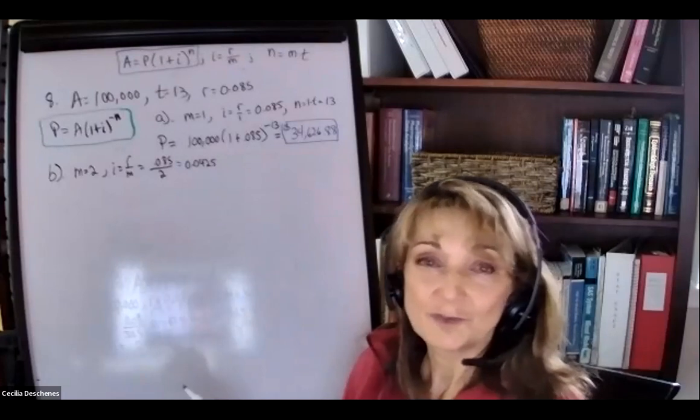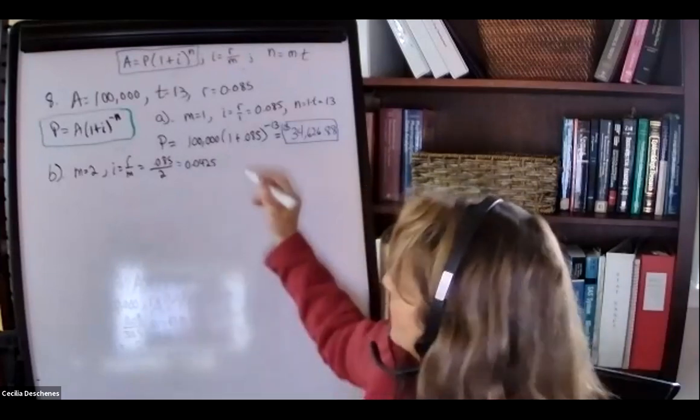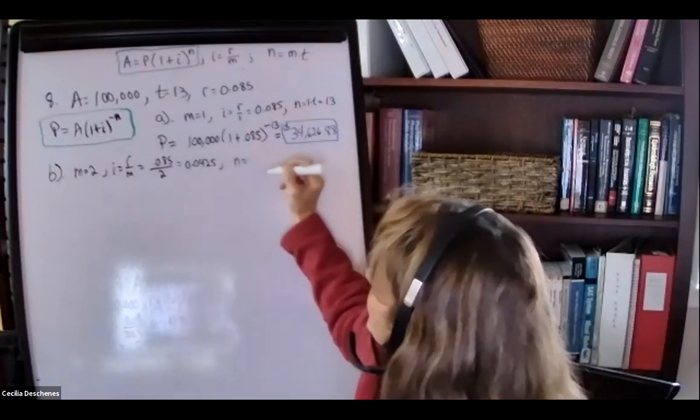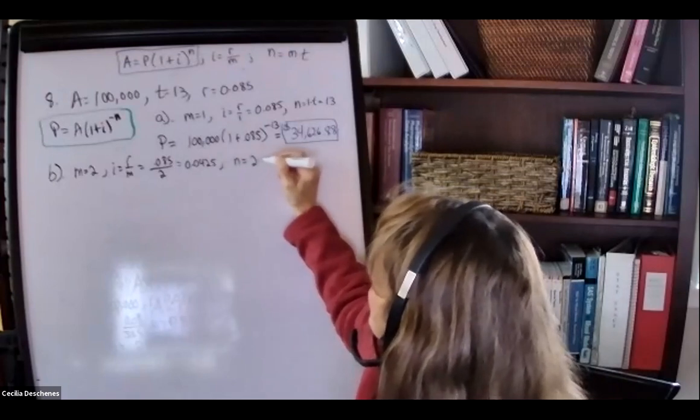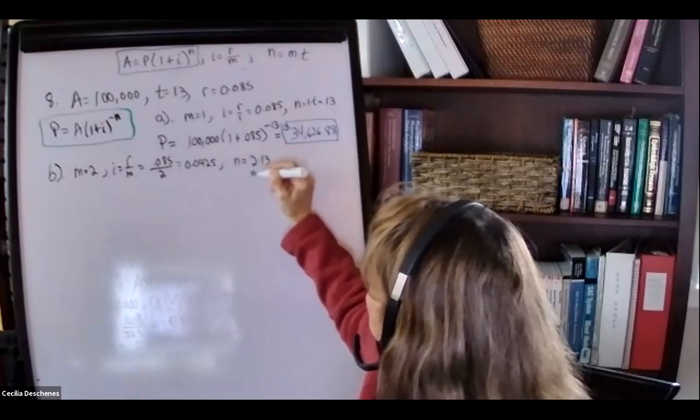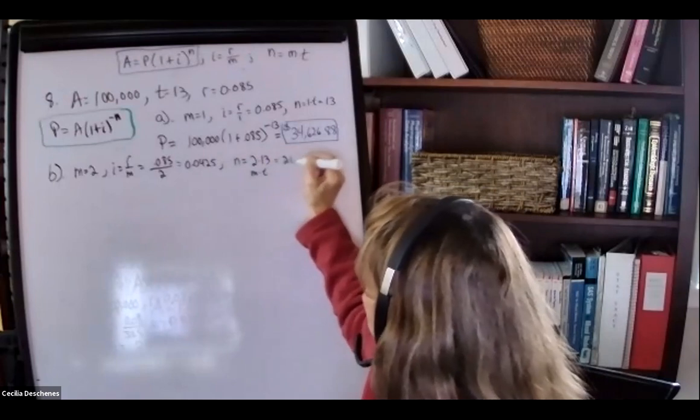And then the n is going to be 2 times 13, right? So it's m times t, or 26.